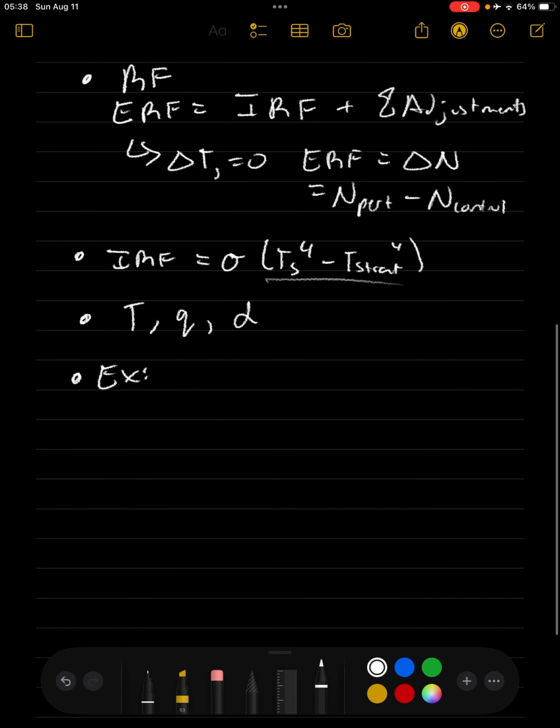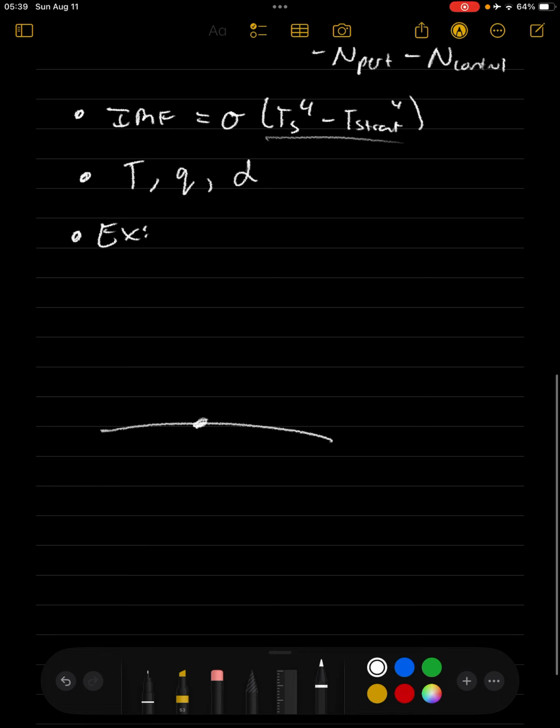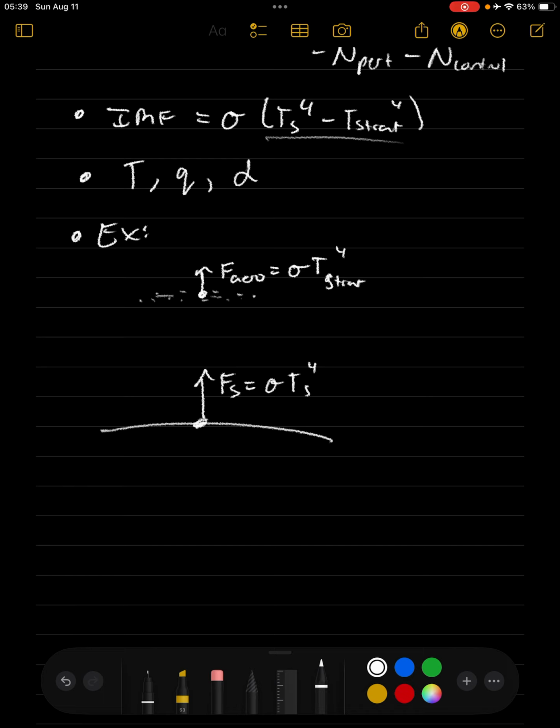So an example of this would be, let's say we have some radiative flux right here from the surface. This is going to be from the Stefan-Boltzmann equation. And then let's say up here we have some aerosols, and this is in the stratosphere, so that when it comes up, the aerosol flux equals the change of T strat to the power 4.